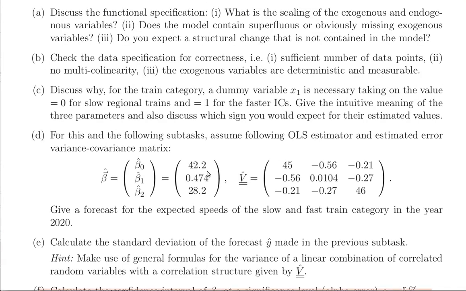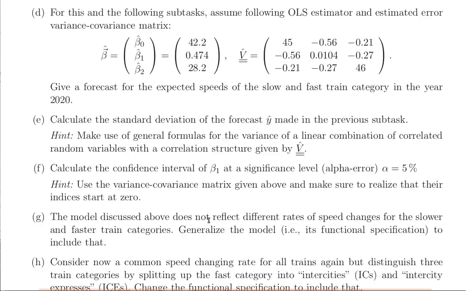So that's D. Now we come to E, do some inferential statistics. In D we have made a forecast, but now we would like to know what is the expected error of this forecast.